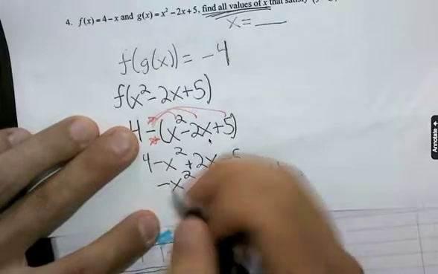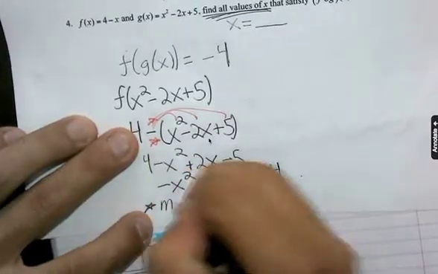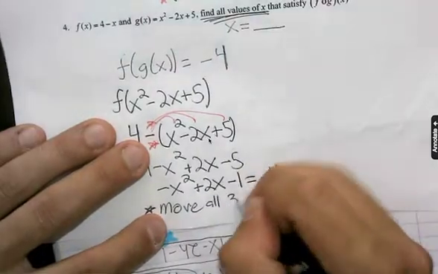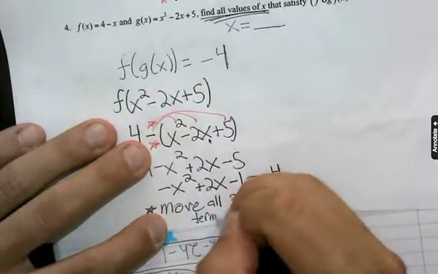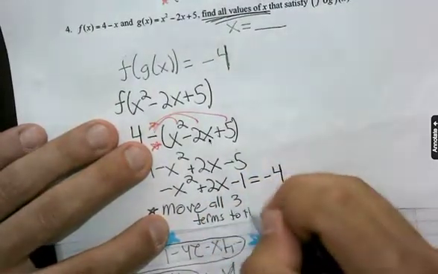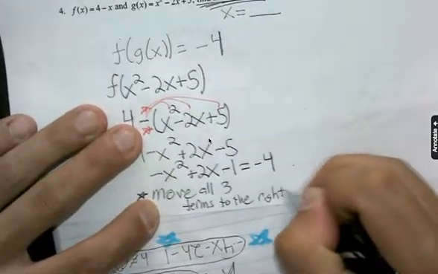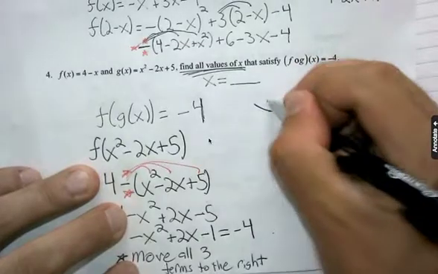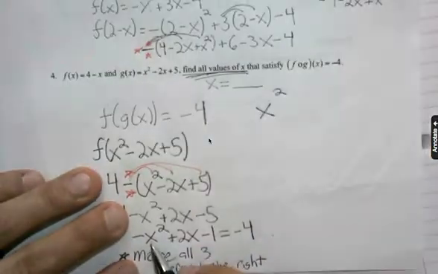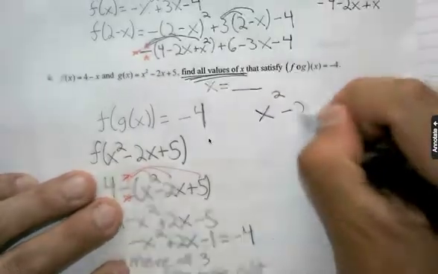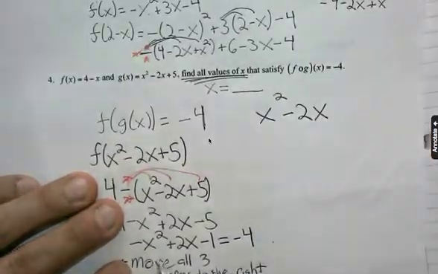So if we move, so we're moving all of these terms to the right. When we do that, we end up with x squared, now positive. What was originally positive 2x is now negative 2x, because we're using opposites to move it over.